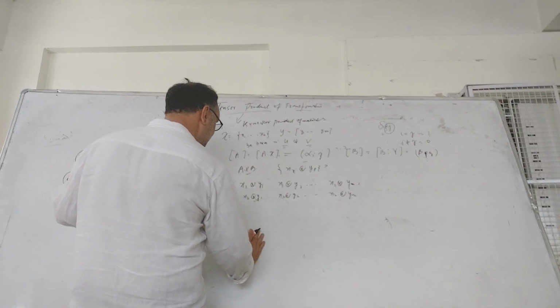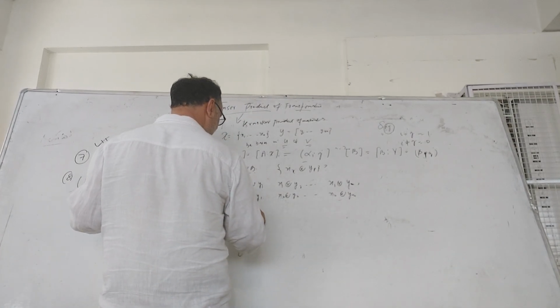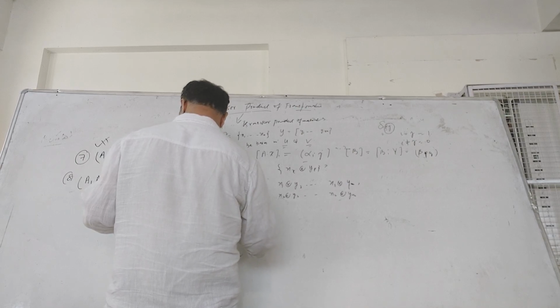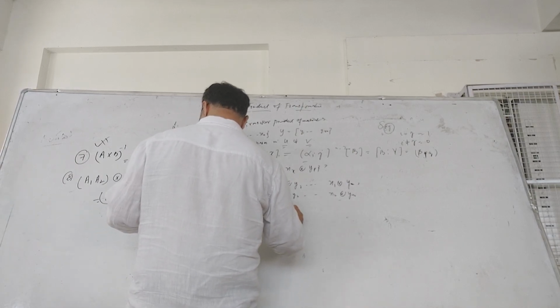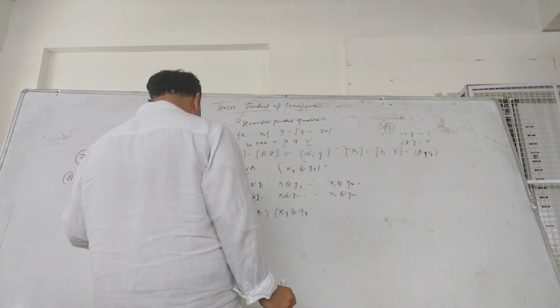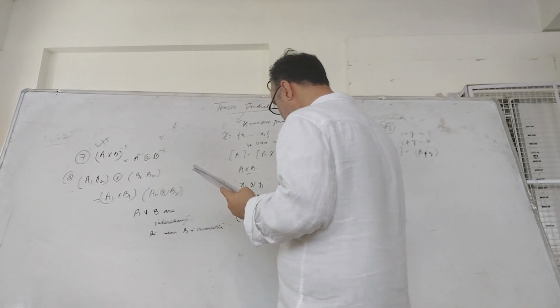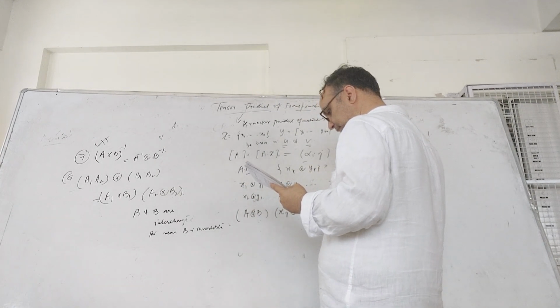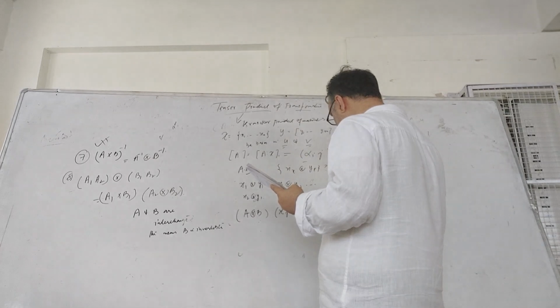So the tensor product of A cross B can be written in terms of elements as A x_j cross B y_q.